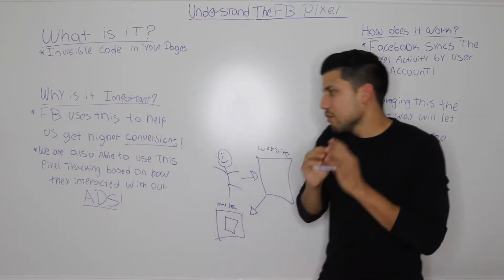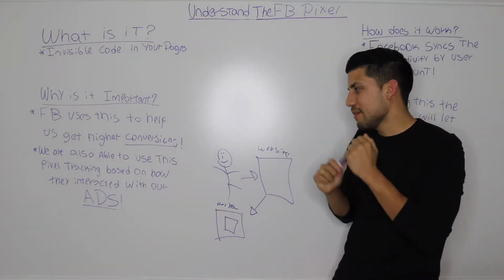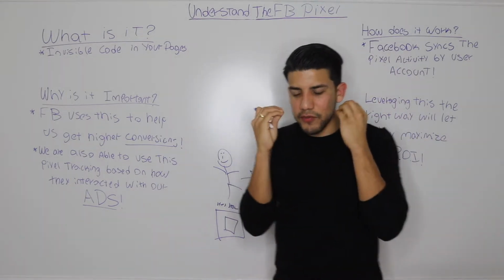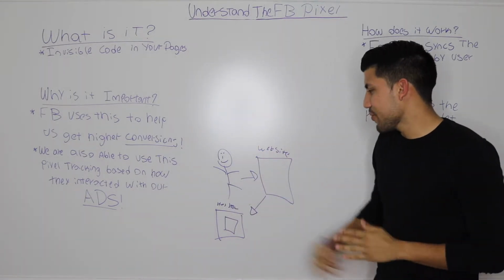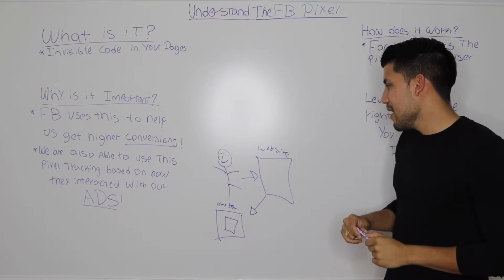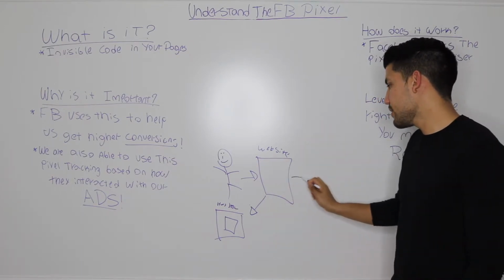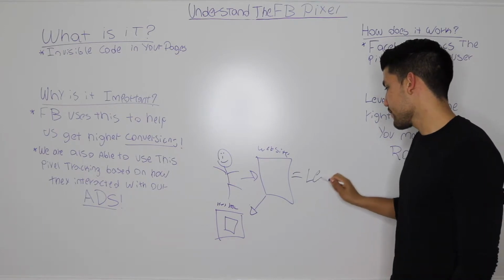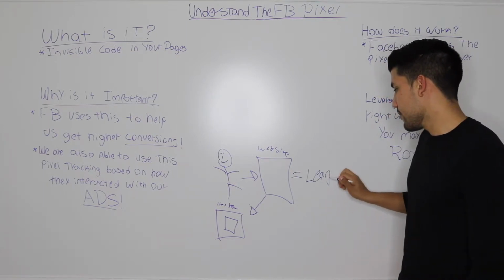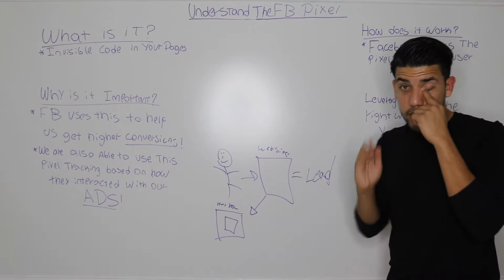We are also able to use this pixel tracking based on how they interact with our ads, right? So I showed you this example of Bob. He went to your website, but now let's say Bob turned into a lead, but still hasn't purchased.